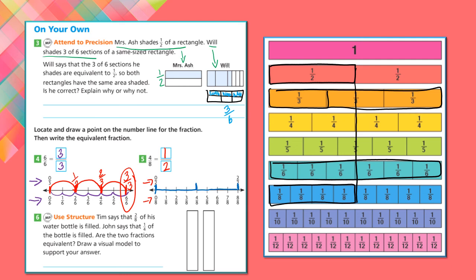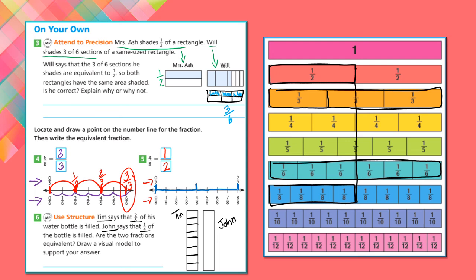So for Tim's model, you're going to break it up into 8ths. Good. And how many equal parts is that? 8. Good. 8 equal parts. Let's see if I can do this as evenly as possible. Okay. And for John's model, you would make it into 4ths.